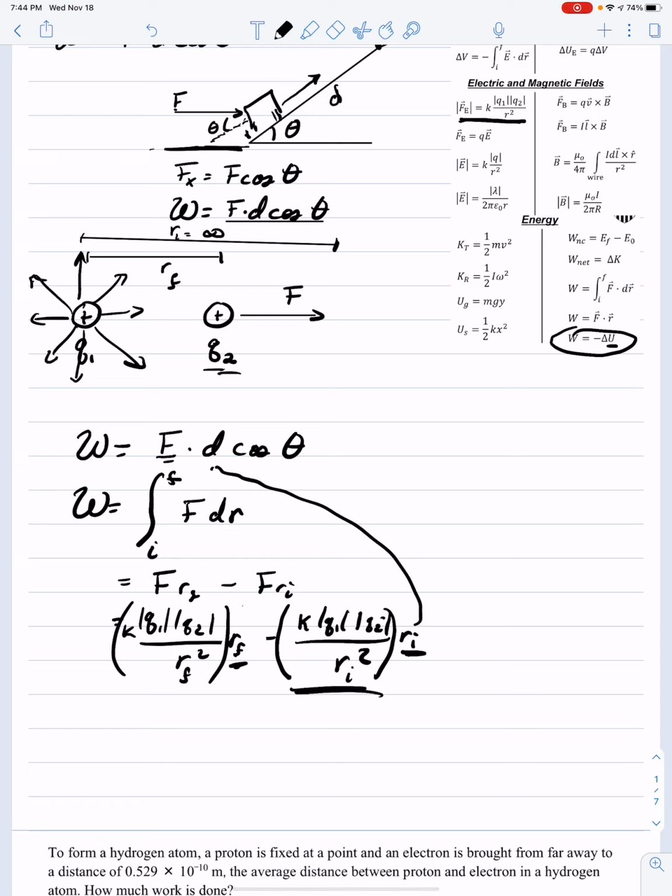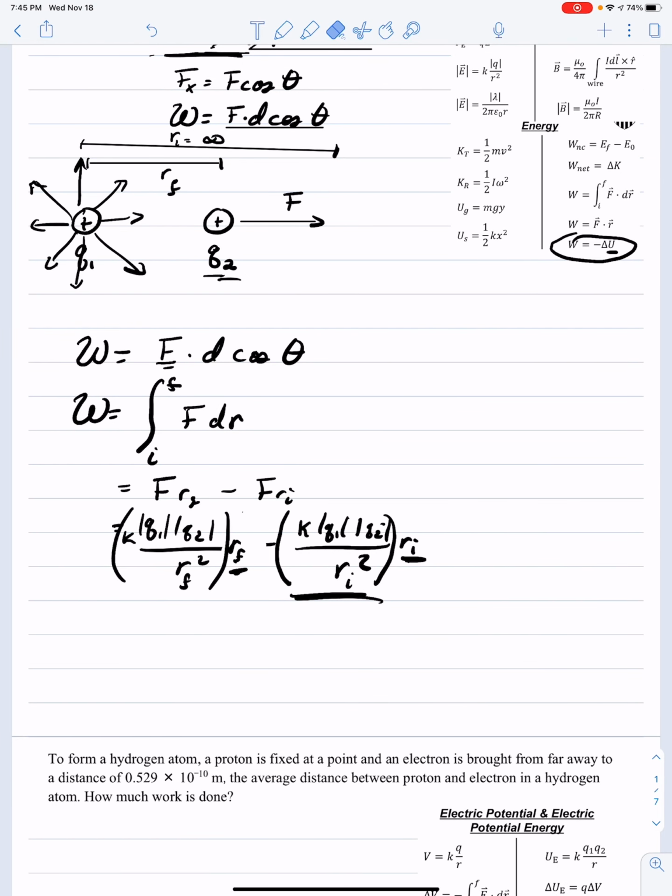Very much the same as work equals force times distance times cosine theta. Since we are dealing with two charges that are basically parallel to each other, cosine would be of 180 or 0. Cosine of 180 is -1, cosine of 0 is 1. That's why we don't use cosine theta in this situation.